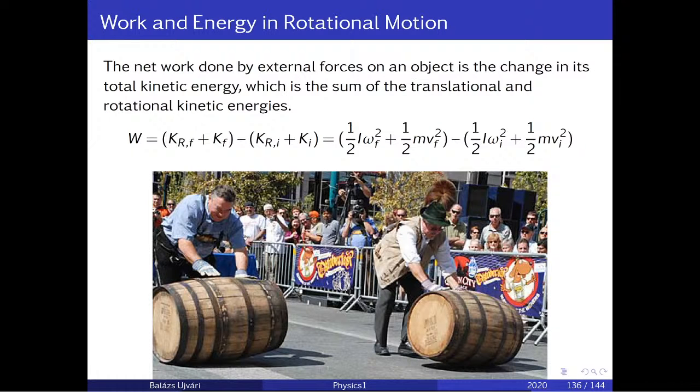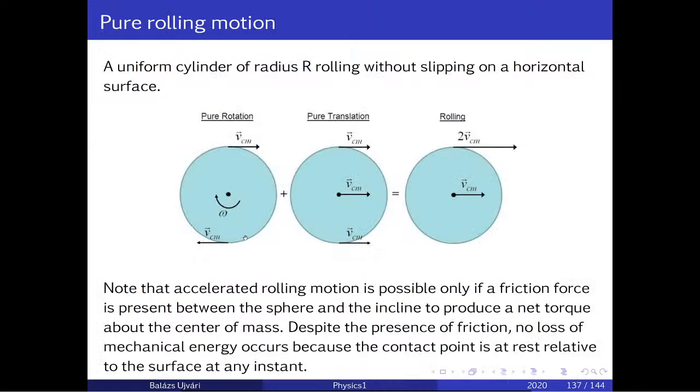In some cases, if the body can rotate and translate, of course, the net work done by this external force is the sum of the translational and rotational kinetic energies. That will be used for the pure rolling. Pure rolling is a rolling without any slips on the horizontal surface.